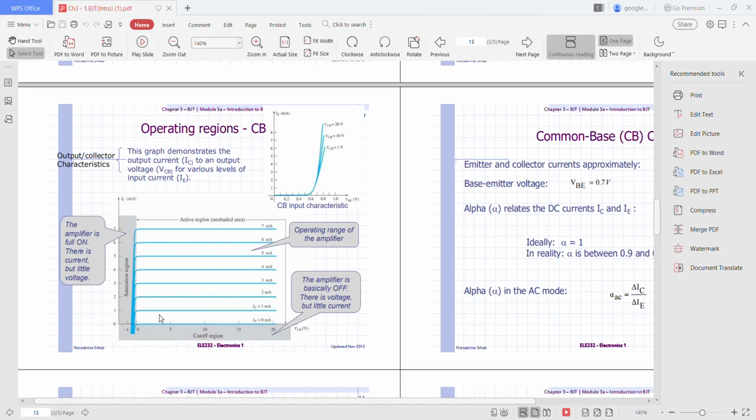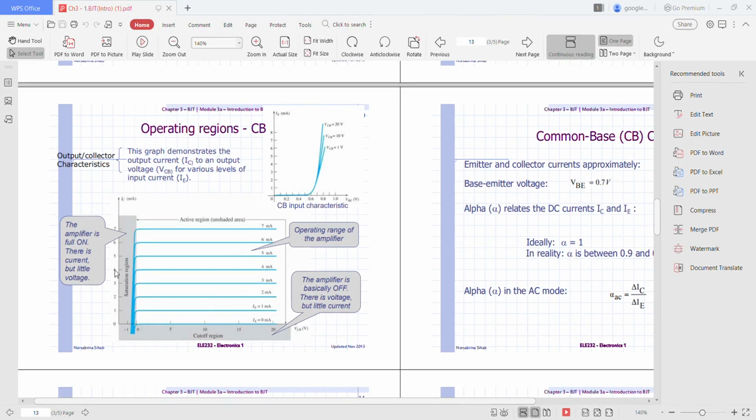The amplifier will be on in this range. The amplifier is basically off at this cutoff region. There is voltage but little current, while in the saturation region the amplifier is fully on. There is current but little voltage over here. So the graph is actually IC versus VCB.